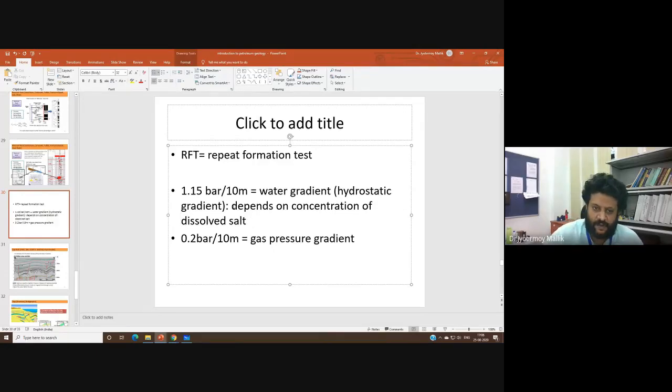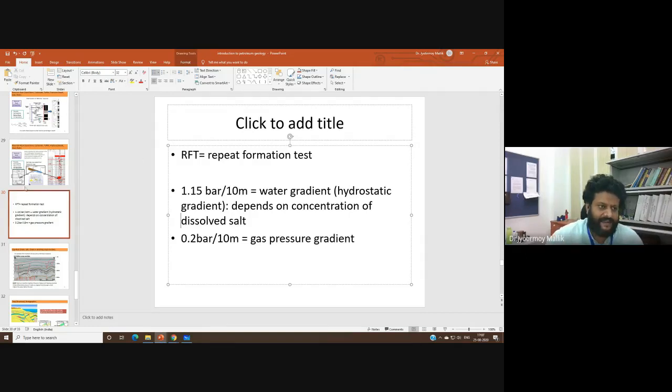If the dissolved salt is almost negligible, so that it's almost like fresh water, then the gradient can be around 1 bar per 10 meter. And if it is very, very saturated with salt, then it can go all the way up to 1.17, 1.18, even up to 1.19 bar per 10 meter. That means it's quite saturated with salt. But if the salt is not that much in the water, then the gradient is around 1 bar per 10 meter.